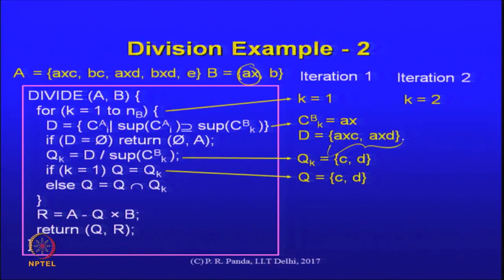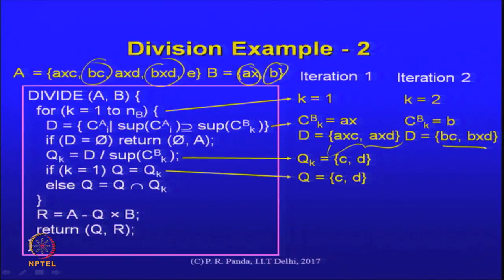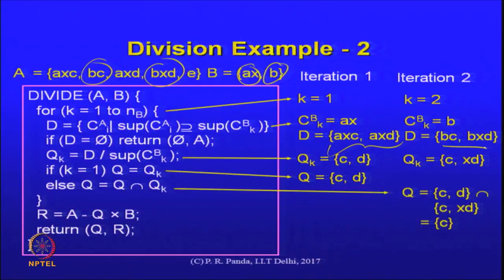Second one, for k equals 2, the cube is B. So, the D would now be whichever ones have a B in them, right, that one and this one. So, that is this. C and XD are my second QK. Now, I want to perform an intersection that leaves only C. Does that make sense?